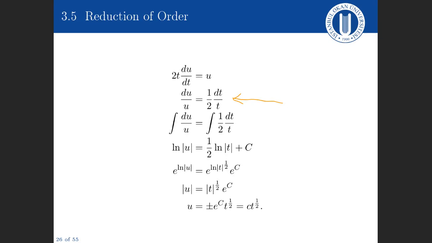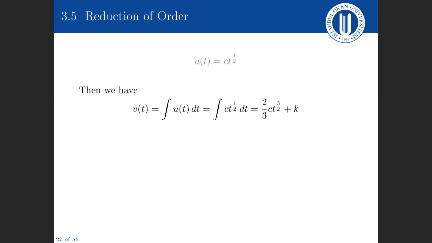If I can do this, then I'm allowed to integrate. Integrate, rearrange, etc. We end up with u is equal to some constant c multiplied by t to the power of a half. I've been deliberately very quick here. I'm going to move ahead.